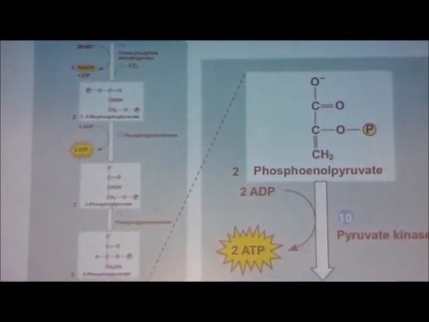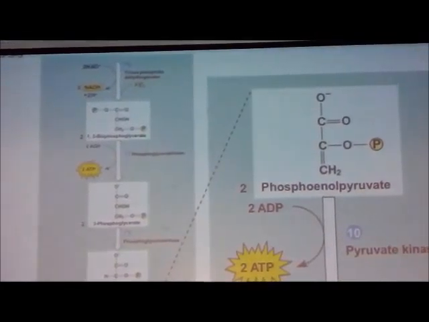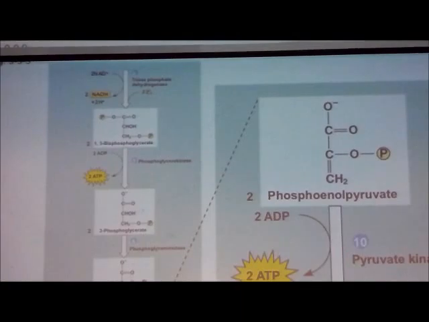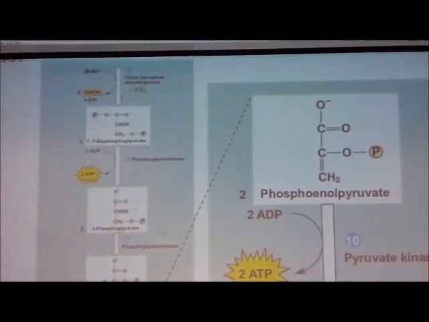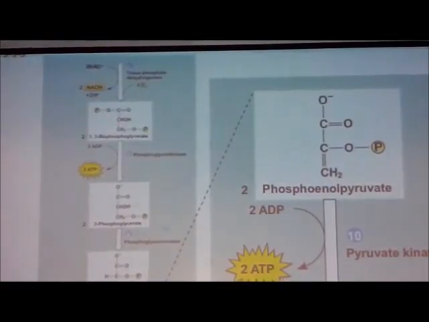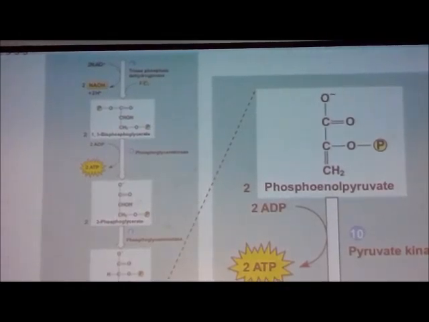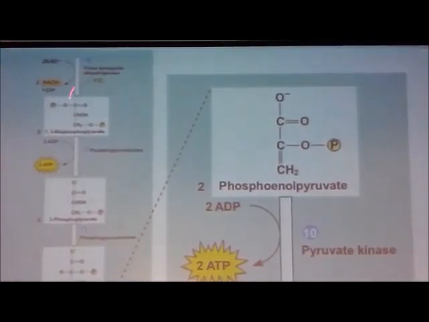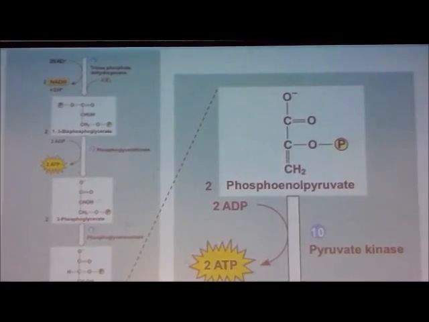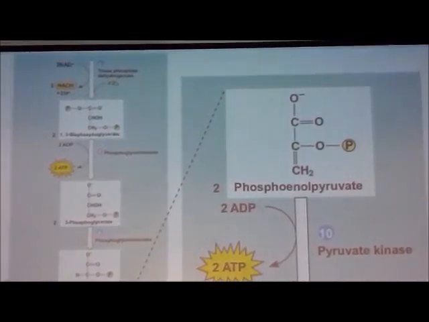Remember, those hydrogens represent electrons. Those are transferred to the NAD plus, forming NADH, and those protons. And it then results in the addition of a phosphate group to the molecule.